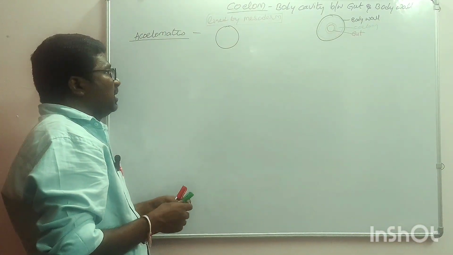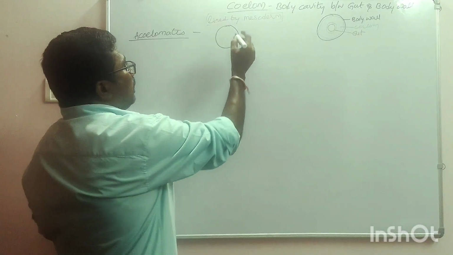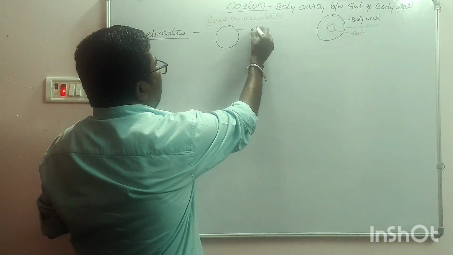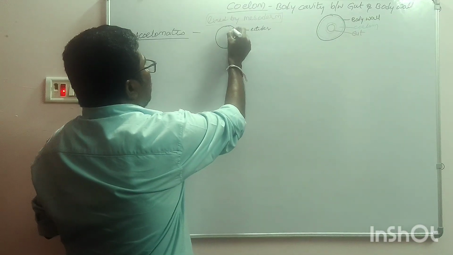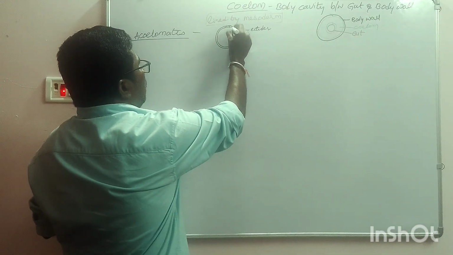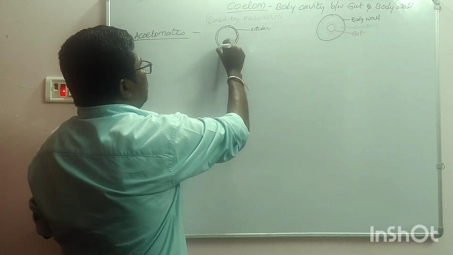Suppose this is the ectoderm, and ectodermal cells form like this.